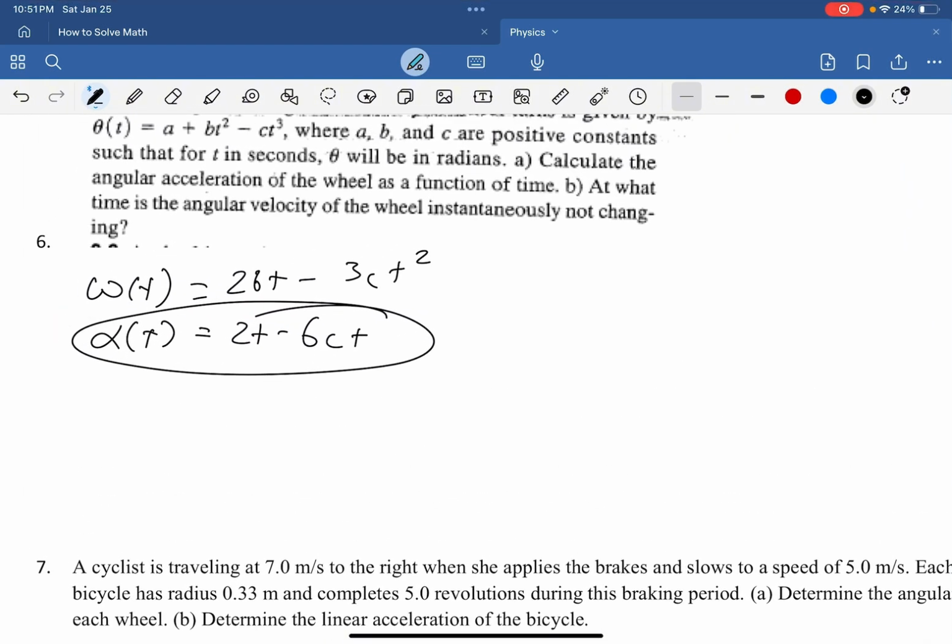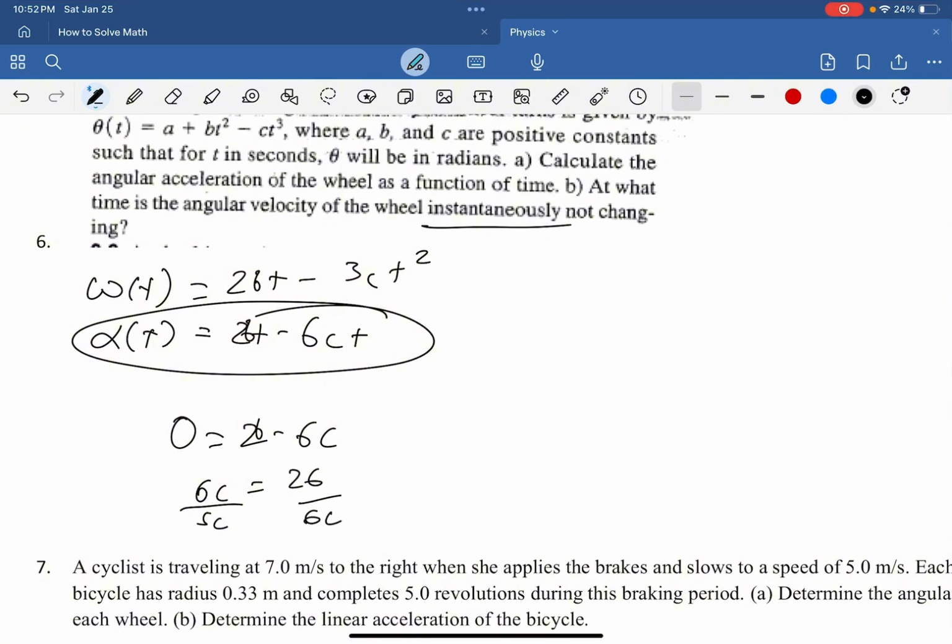At what time is the angular velocity of the wheel instantaneously not changing? So instantaneously not changing means when the acceleration is equal to 0, so 2b minus 6ct. So 6ct is equal to 2b, divided by 6c.